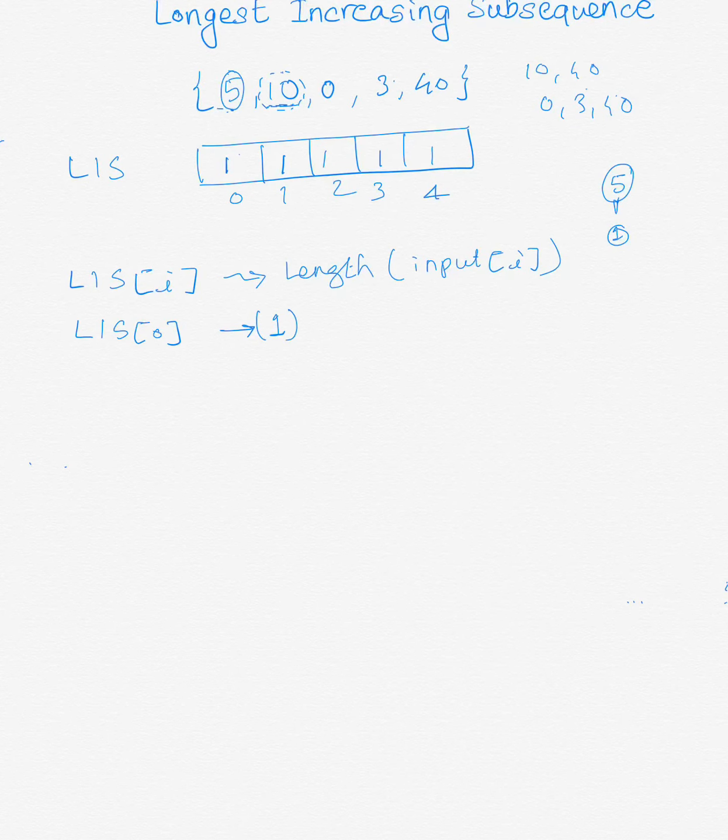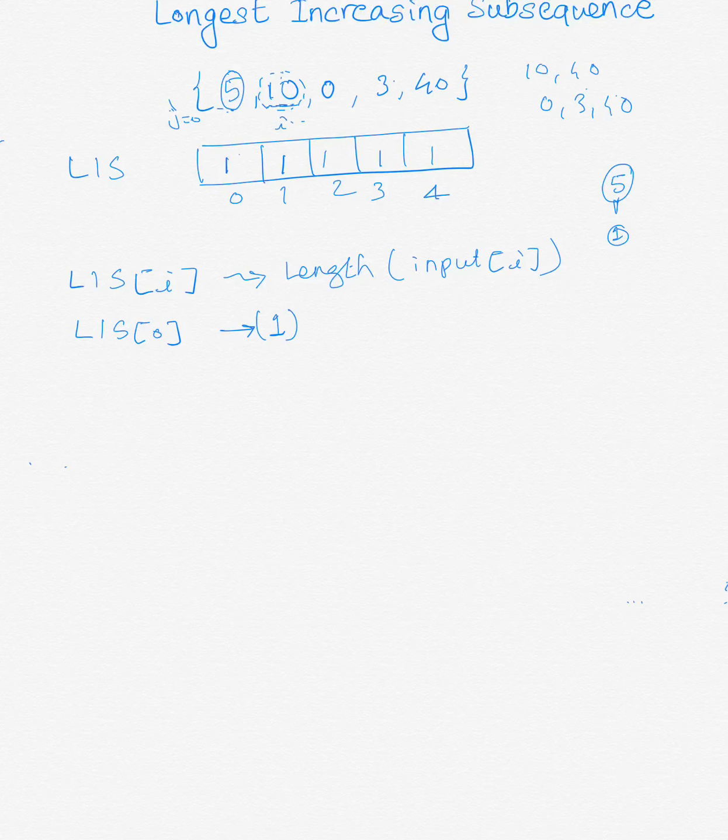So we go to the beginning of the array and start seeing whether 10 can form an increasing subsequence with each element or not. Let's say the jth index will always start with 0, and our ith index will keep moving until the array is completely visited.